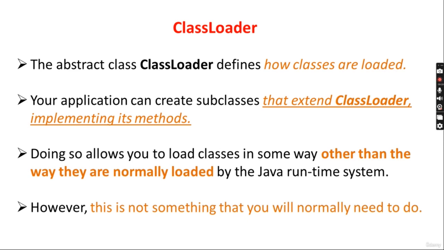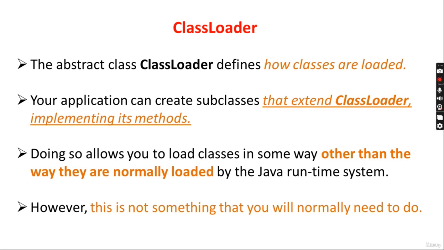Then ClassLoader. The abstract class ClassLoader defines how classes are loaded. Your application can create subclasses that extend ClassLoader, implementing its methods. What we have to do is create a class that extends ClassLoader and implements its methods.